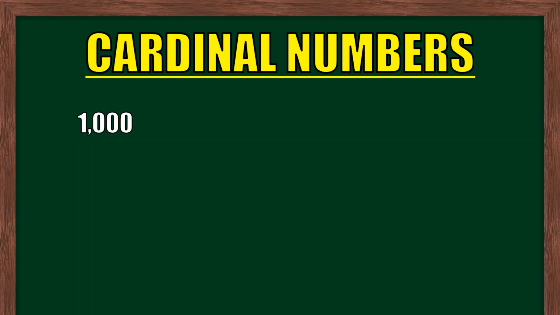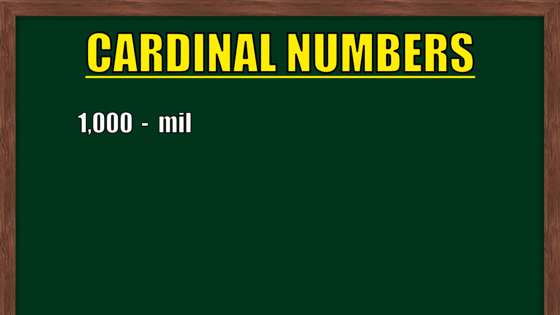But what about 1,000? In Spanish, 1,000 is mil. Mil, 1,000. Just like with 100, you do not say one. You don't say un mil. No, you just say mil. Mil, that one word, means 1,000. And for the multiples of 1,000, you just add the number before it.